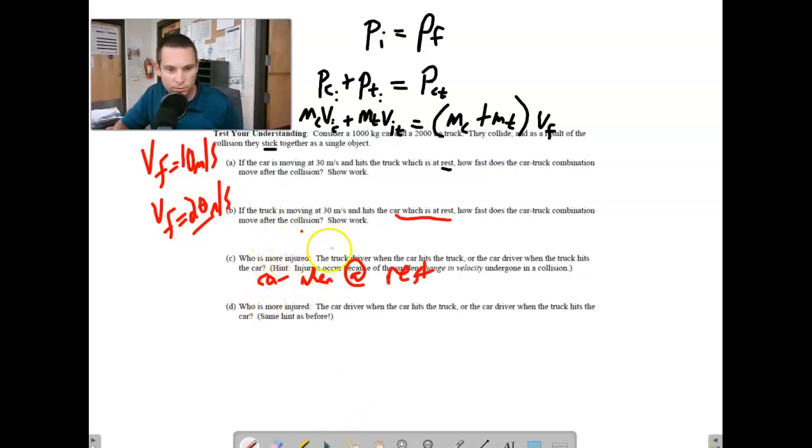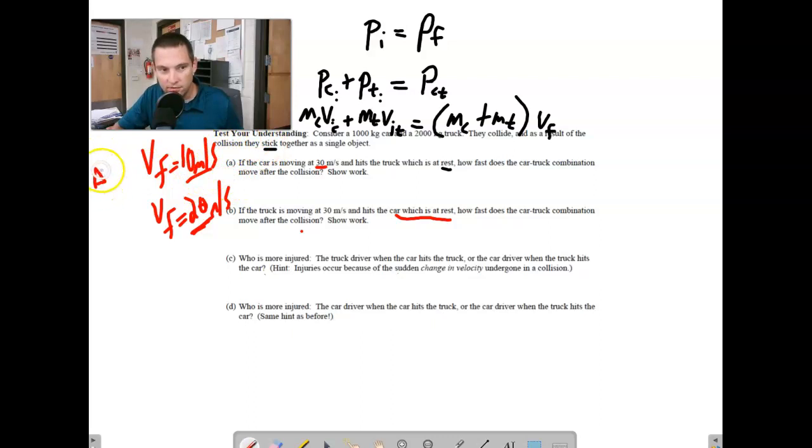So who is more injured, the truck driver when the car hits the truck, or the car driver when the truck hits the car? We know that injuries occur most when there is a sudden change in velocity in a collision. If we're sitting at rest, then we go all the way up to 20 meters per second. Meanwhile, the truck was moving at 30 meters per second and drops down to 10 meters per second.